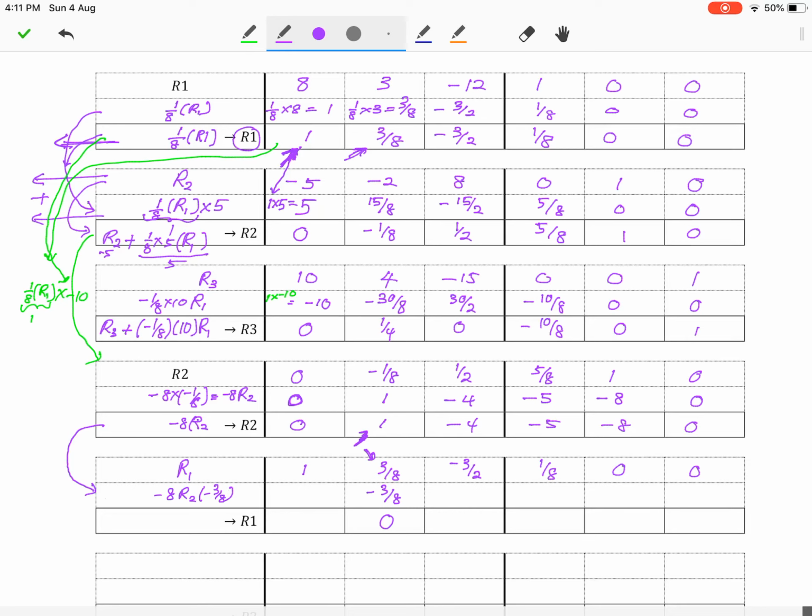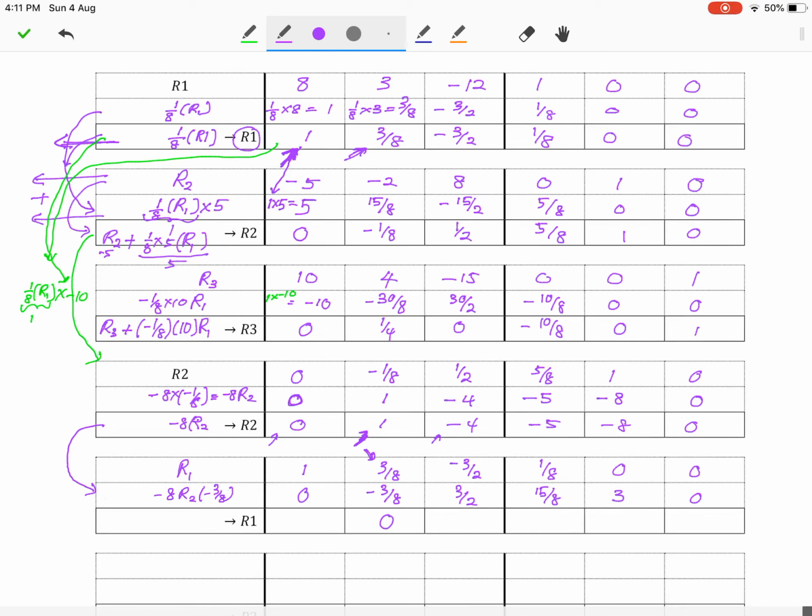So 0 here multiplied by negative 3 over 8 will give you 0. Negative 4 here multiplied by negative 3 over 8 will give you 3 over 2. This one will give you 15 over 8. This one will give you 3 and 0.